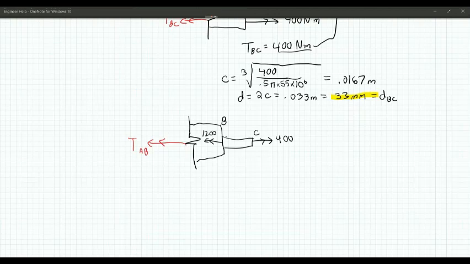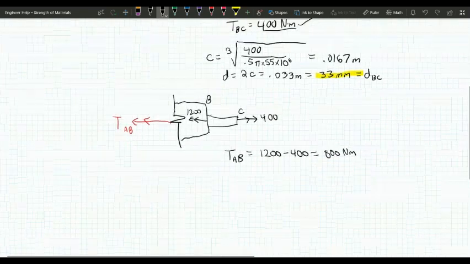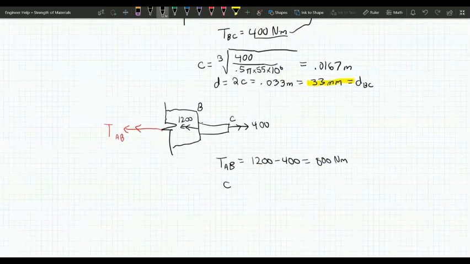So now looking at this problem, you should be able to tell that torque AB is equal to 1200 minus 400, which is equal to 800 Newton meters, right? So now let's use the same equation that we did before.